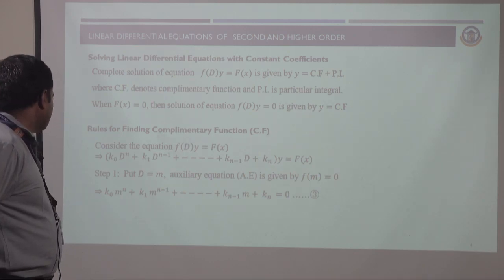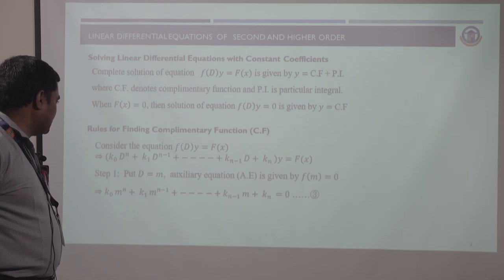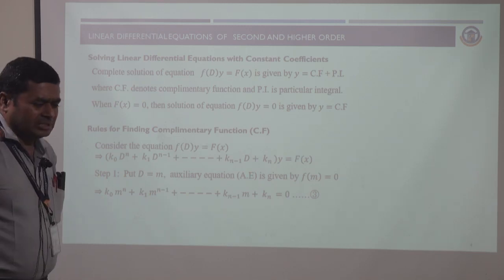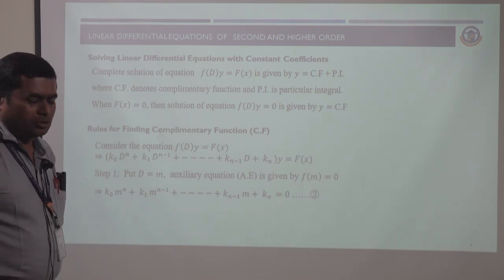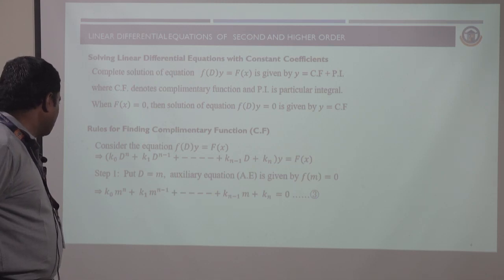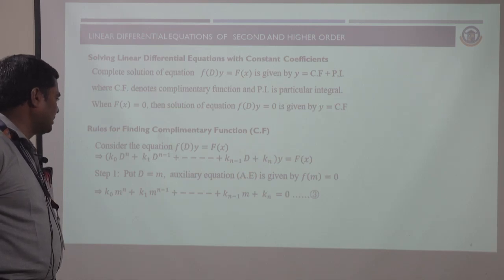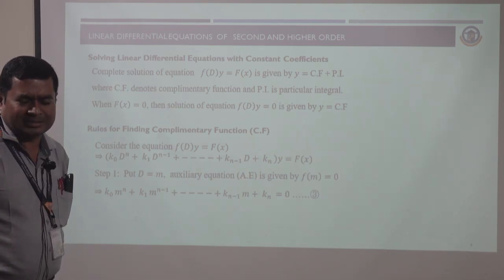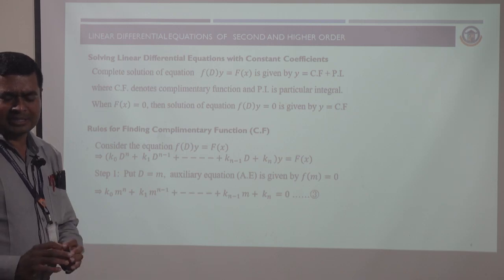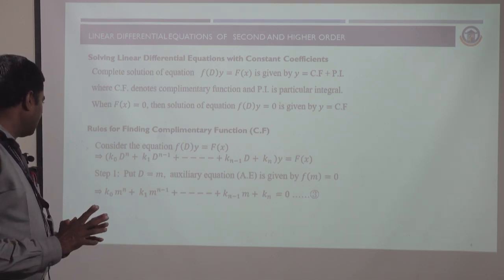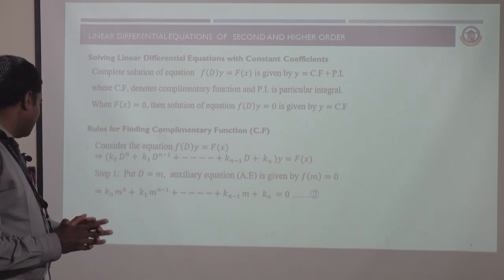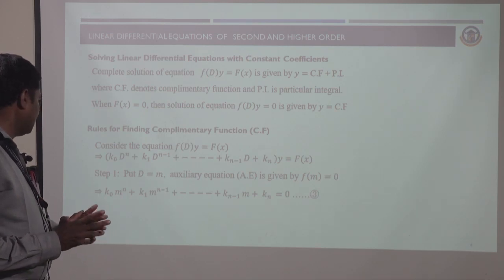Then what are the rules for finding the complementary function? In this differential equation, we write k naught D power n plus k1 D power n minus 1 plus, and so on up to the nth term, into y is equal to capital F of x. Using the left hand side we find the roots, so put D is equal to m.